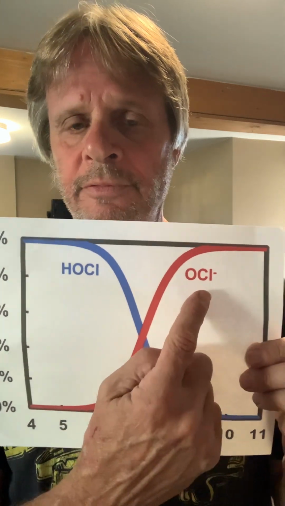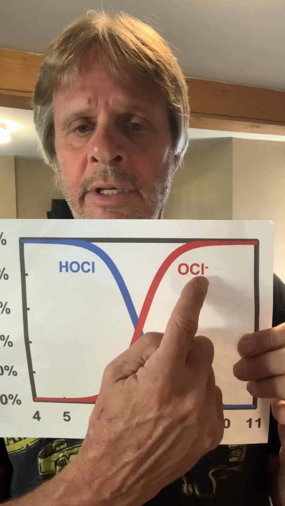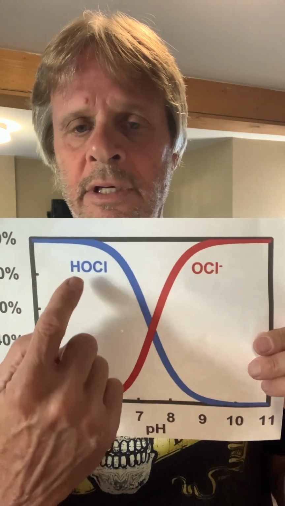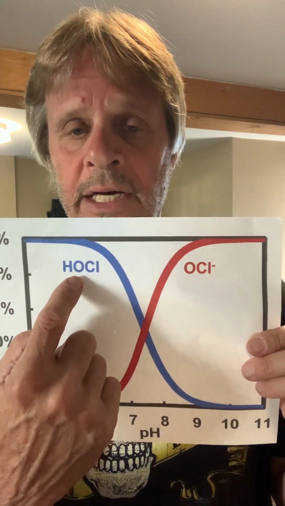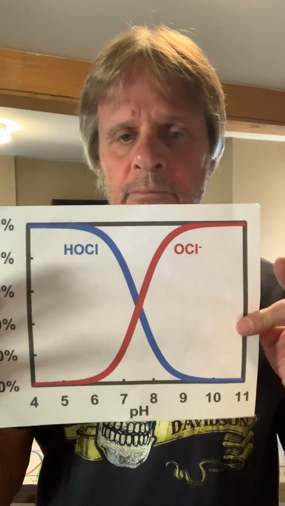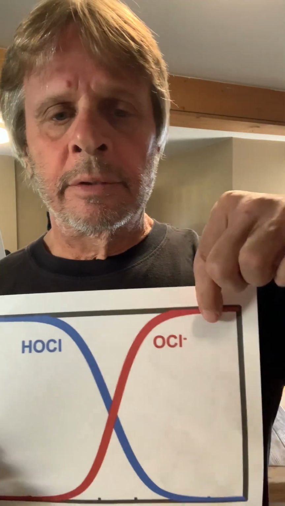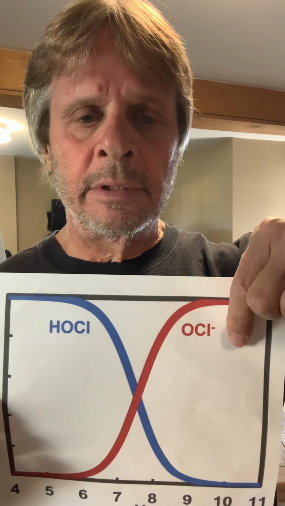So hypochlorite is very complicated. It can convert to hypochlorous acid. Hypochlorous acid, however, cannot convert to hypochlorite. It's the other way around. So your hypochlorite is very corrosive. It works by dissolving organics.